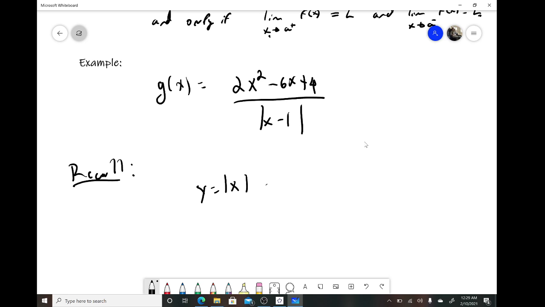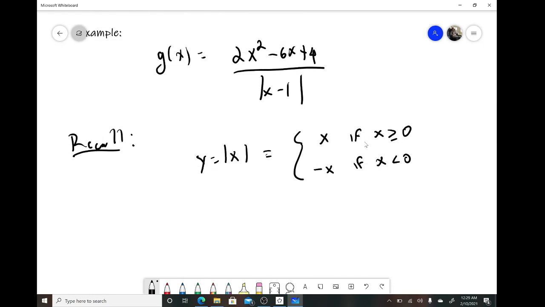This means the absolute value of x equals x if x is greater than 0, and the absolute value of x is equal to minus x if x is less than 0. And you could say greater than or equal for this one. But this is something that we're going to use now, and this is a fact from pre-calculus.